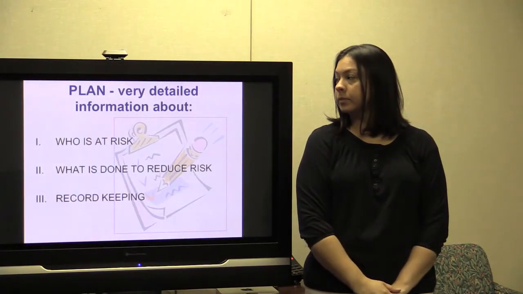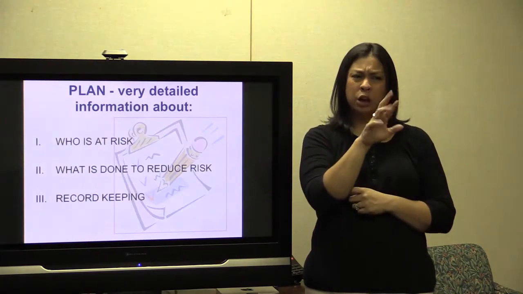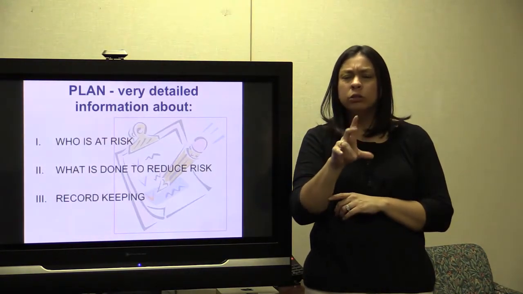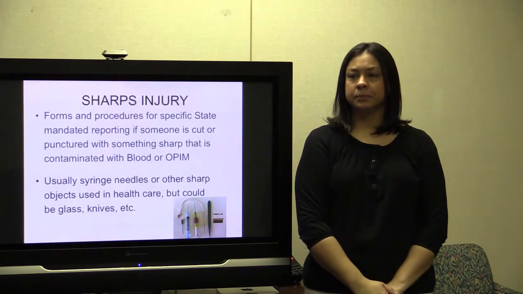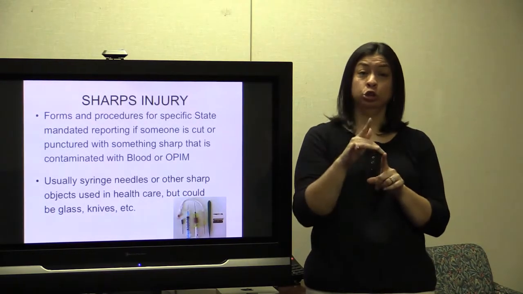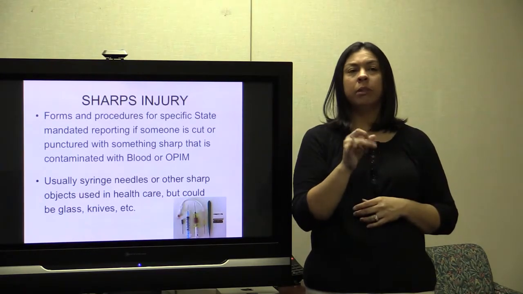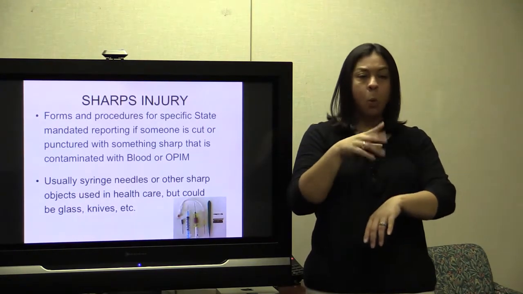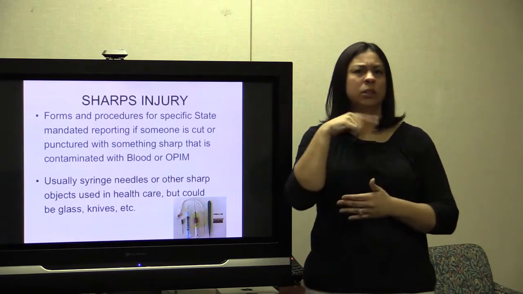It's very detailed. It will tell you who is at risk, what is done to reduce risk, and all the record keeping that you will need. And again, the forms for sharp injury: if you're cut or something punctures your skin, it will tell you what the procedure is.